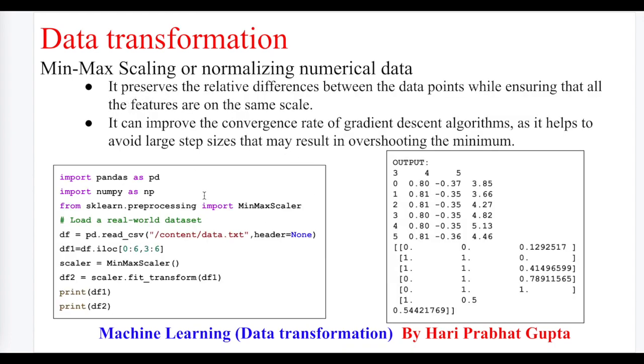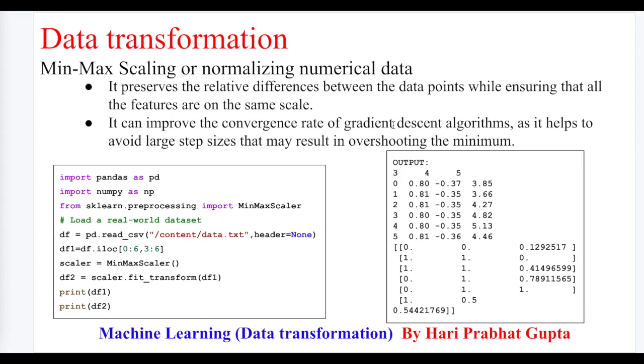So this is an example of min-max scaling. Similar to the previous example, we consider the same data file and do the min-max scaling. Here are some important points about it. It preserves the relative differences between the data points while ensuring all the features are on the same scale. Whatever the importance of this data versus that data, it is preserved column-wise, and it can improve the convergence rate of the gradient algorithm.